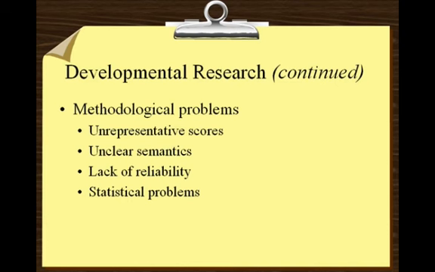Our next methodological problem is called lack of reliability. We have talked about reliability quite a few times. Again, reliability is just like if somebody is reliable, they're dependable. That means that they'll do what they say they're going to do. Well, reliability in this situation is, will the subjects, especially we're talking about children here, be able to repeat their performance?